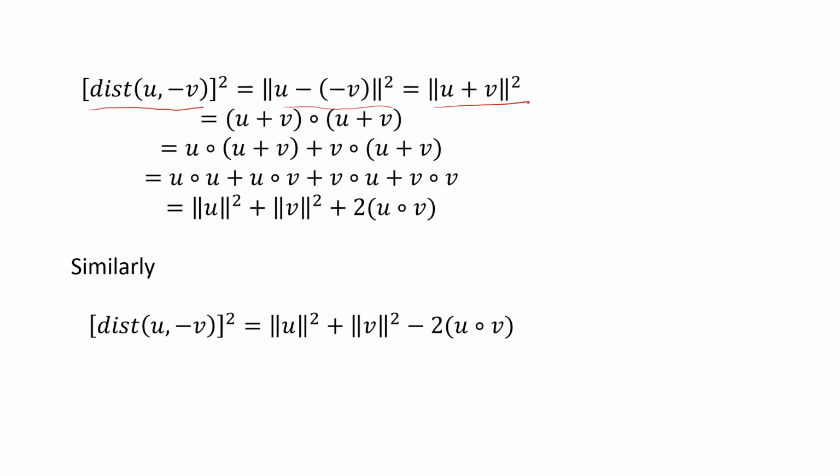Just using the definition that we had a minute ago. Well, what's the norm squared of u plus v? That's the vector u plus v dot product with u plus v. So that's just using the definition of a norm, or of a distance, and the definition of length.